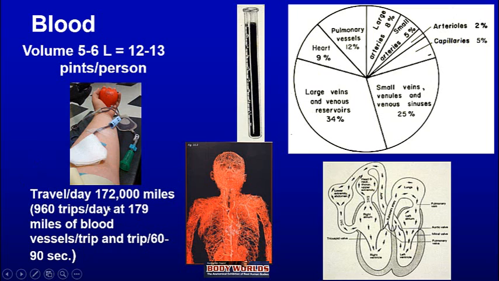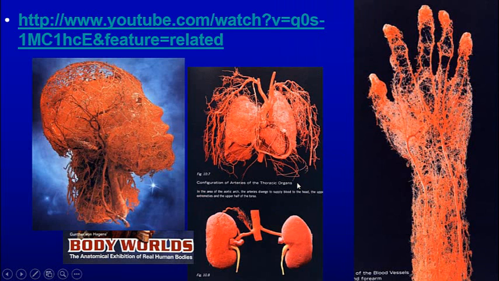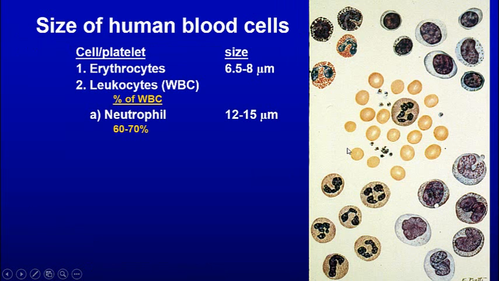So these are gee whiz figures. Don't worry about them. It is important that you have a reservoir of blood in through there. And so here we can see the blood vessels in the head, in the lungs. We can see these in the kidneys, and also the ones in hands and fingers, thanks to body whorls.